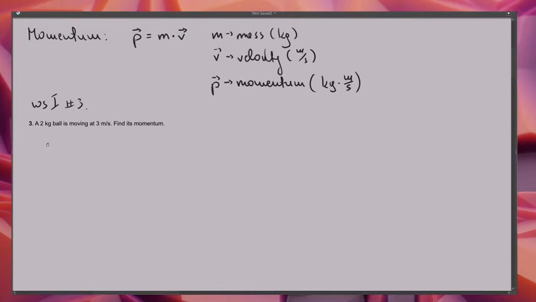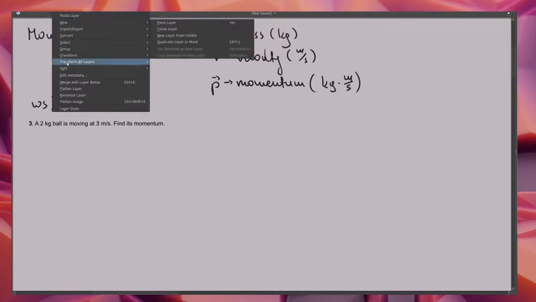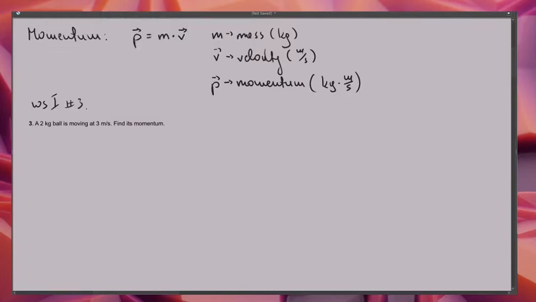Well, what we have is mass m. So mass is 2 kilograms. Velocity is, well, really what the problem gives me is speed. Speed is 3 meters per second. But I guess what I'm going to calculate here is the magnitude of the momentum, not so much the momentum as a vector.